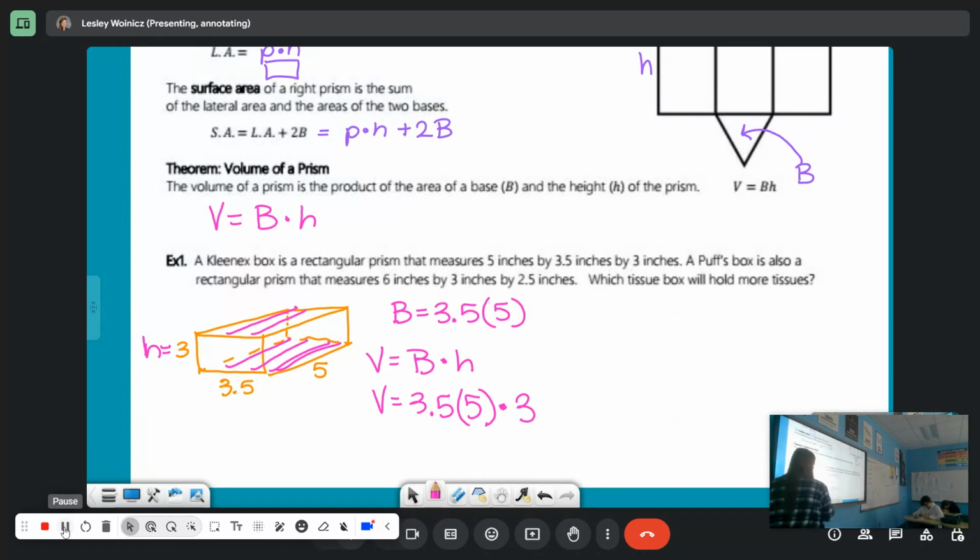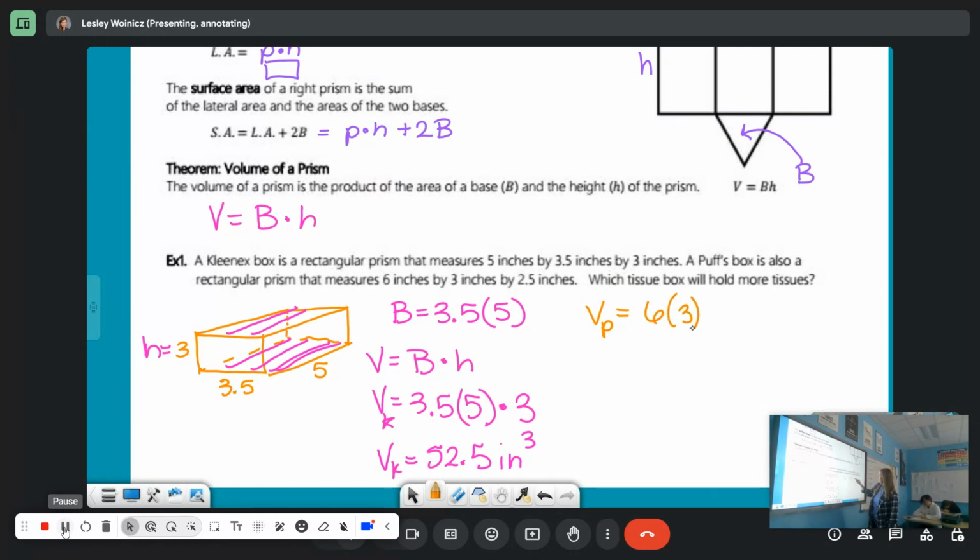All right, what do you guys get for the volume of the Kleenex? Okay. 52.5 inches cubed. All right, what about the puffs? So the volume of the puffs, 6 by 3 by 2.5.